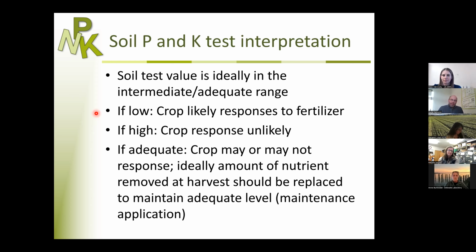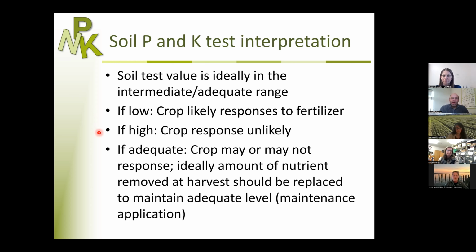And if the level is low, you may add a corrective application, which means you may want to add a bit more fertilizer in form of potassium or phosphorus than the crops actually need, so that over time you will reach the intermediate or appropriate range.